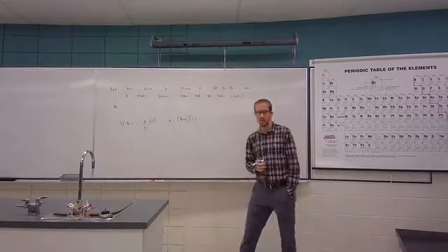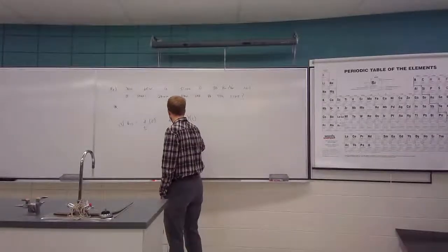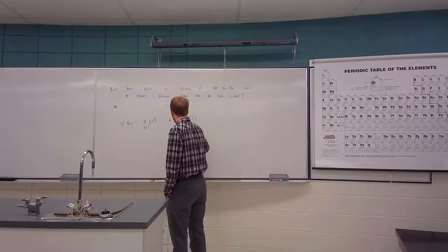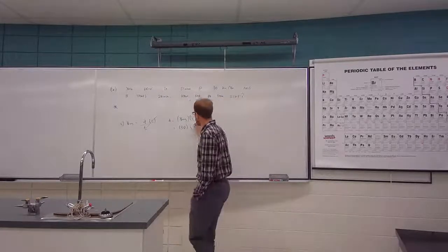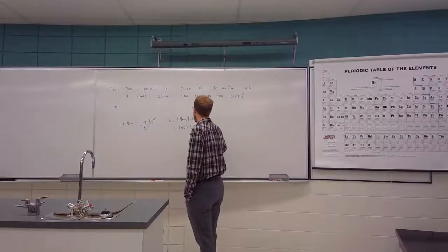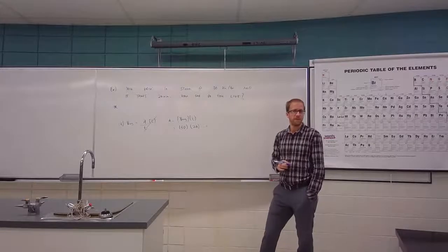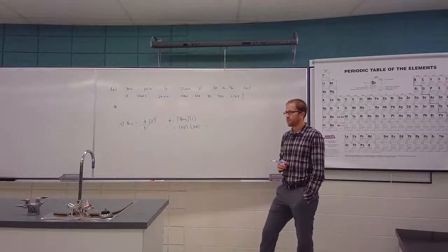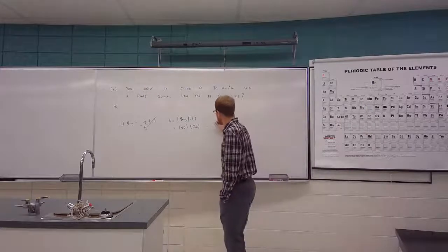What did I tell you it is? 30 kilometers per hour. What was my time? 20 minutes. So what's my answer here? What's 3 times 2? 6, add a couple zeros.